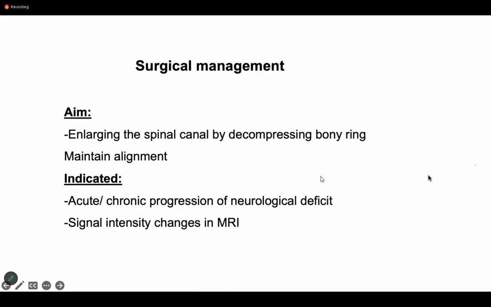Surgical management has the purpose of opening the spinal canal by decompressing bony rings, but protecting and maintaining ligament. It is generally indicated for acute or chronic progression of neurological disease. This progression is very important. And in MRI, we can see the signal intensity change, especially in T2.